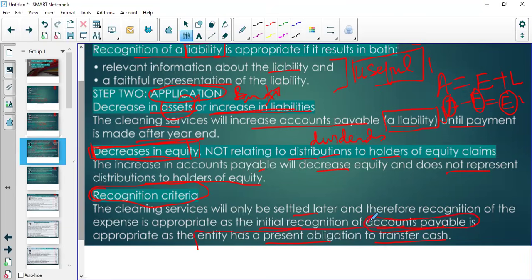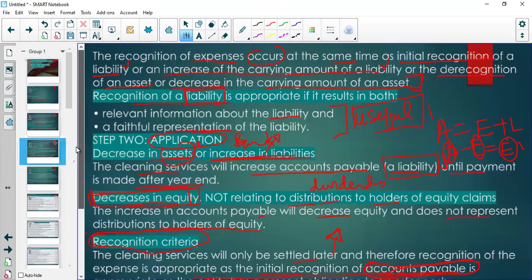So we can recognize a liability. And as we recognize a liability, this is effectively an increase in liabilities, and that would meet the definition of an expense, because an expense is an increase in a liability or a decrease in an asset.